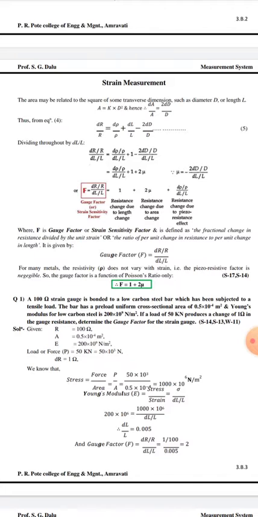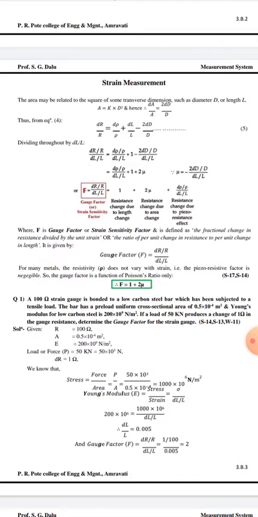Determine the gauge factor for strain gauge means what we will have to calculate. Capital F we will have to calculate, that is the gauge factor. So just write down the given data. R, resistance of the strain gauge, is 100 ohm. Cross sectional area of the conductor, that is a metallic rod or specimen, is 0.5 into 10 to the power minus 4 meter square.